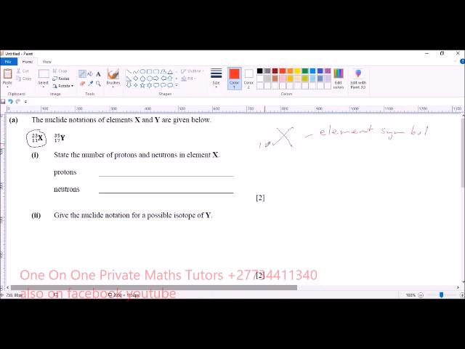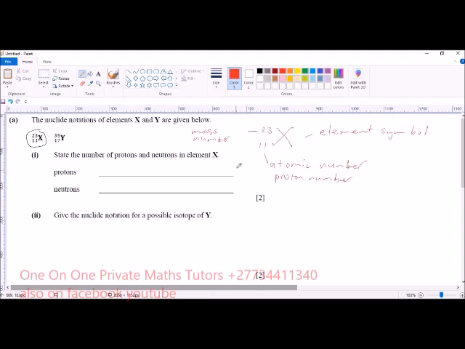The 11, this number here at the bottom, or the smaller number, is giving us the atomic number, or proton number. All right. And this 23 here, the bigger number, is giving us the mass number.